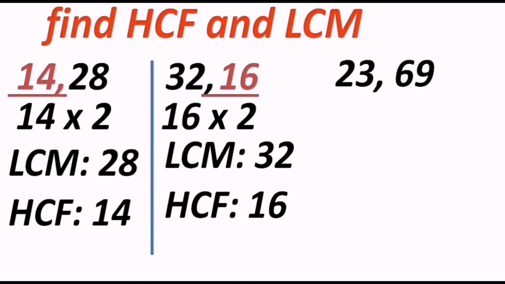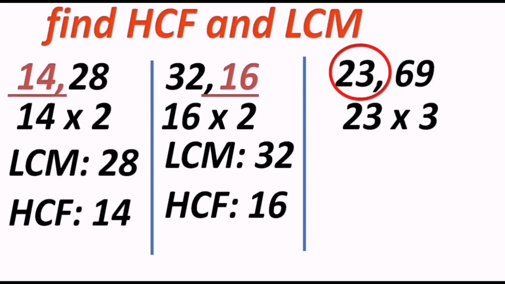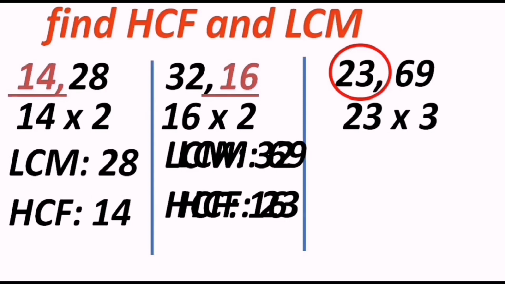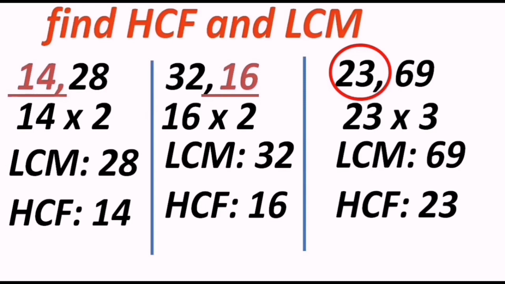And that is why the bigger number, 32, will be the LCM, and the smaller number will be the GCD or the HCF. And the same goes with the third one. In 23's table, which is the smaller number, we get the answer 69. 23 threes are 69, right, and that is why the LCM will be 69 and the HCF will be 23. Isn't it easy? Yes, I loved it a lot, right?